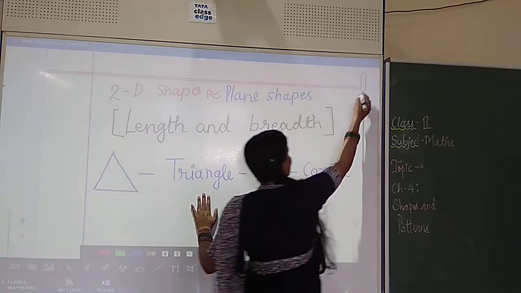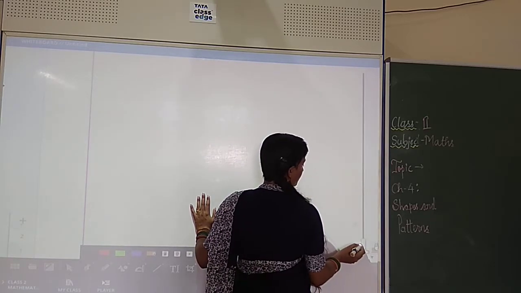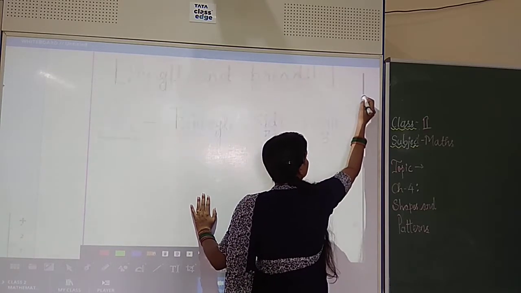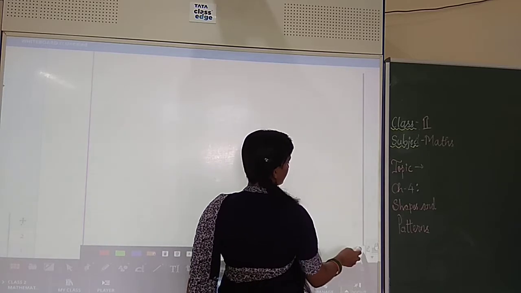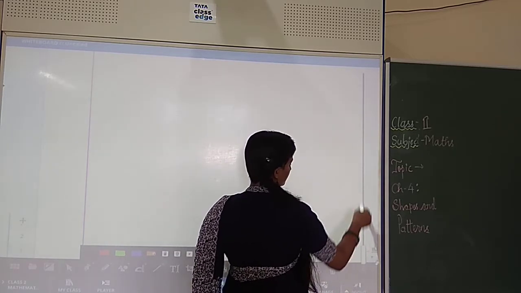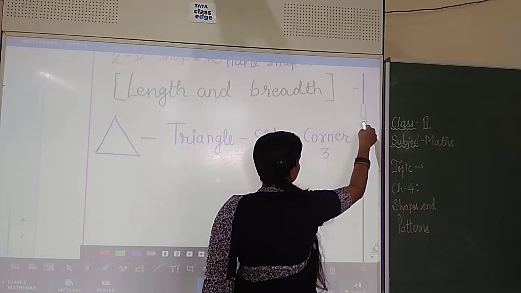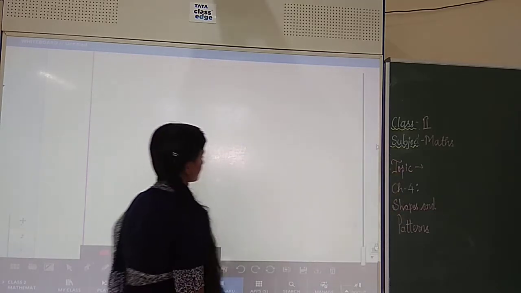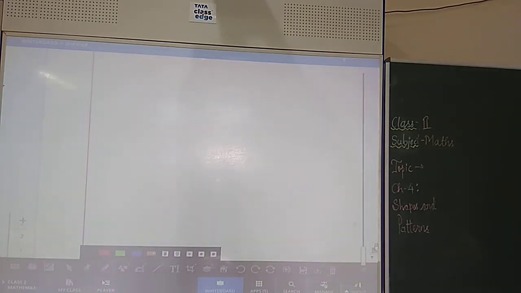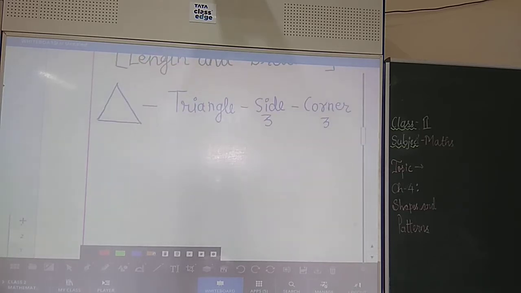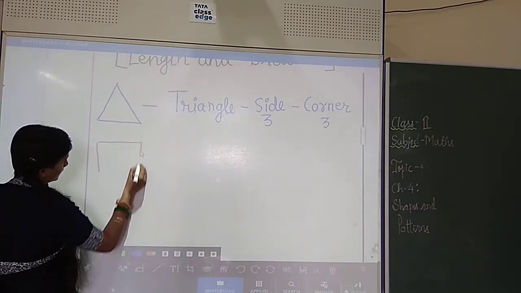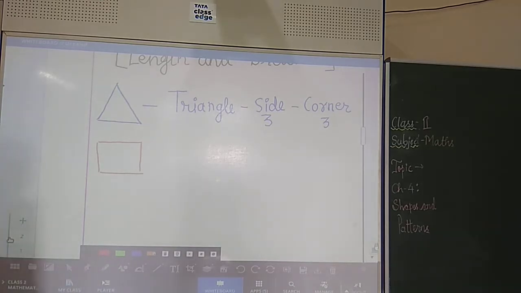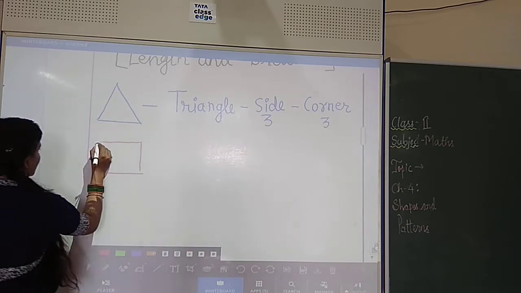And the second shape is the square. Square has all sides equal.